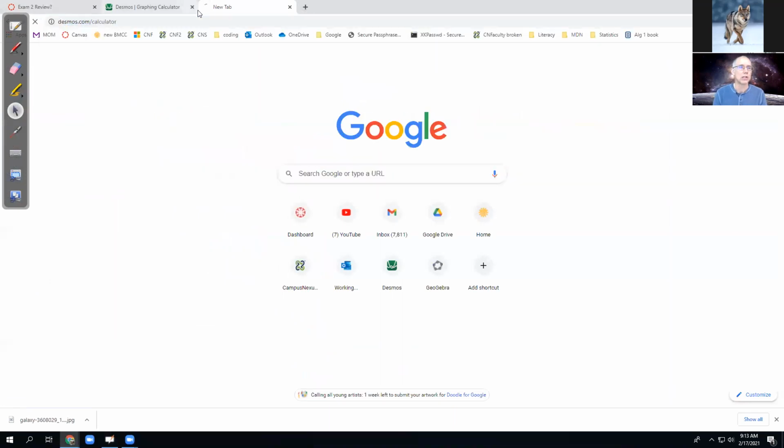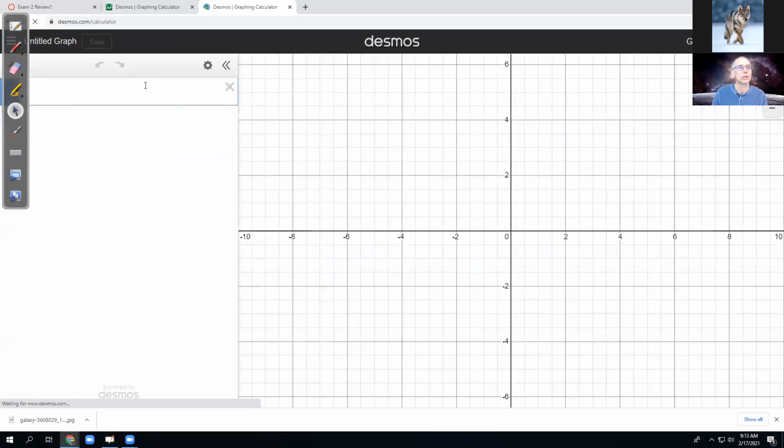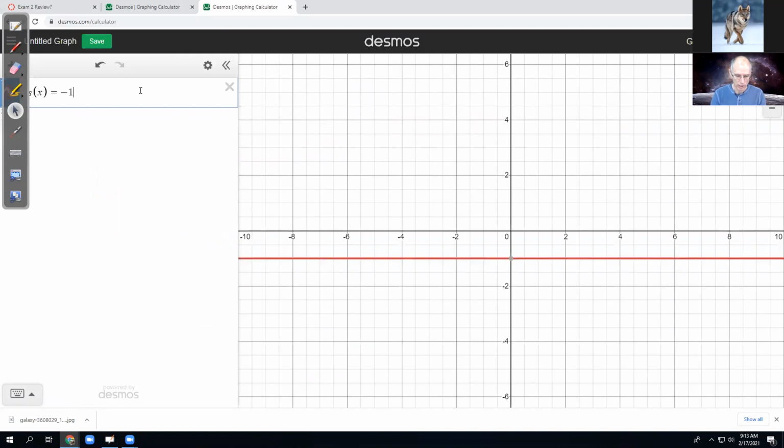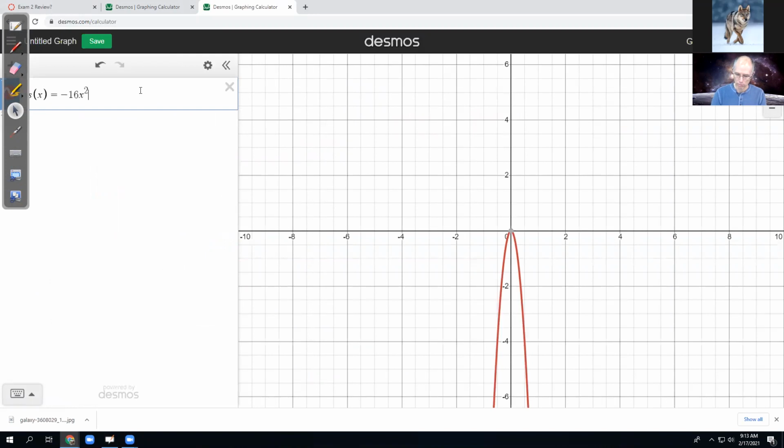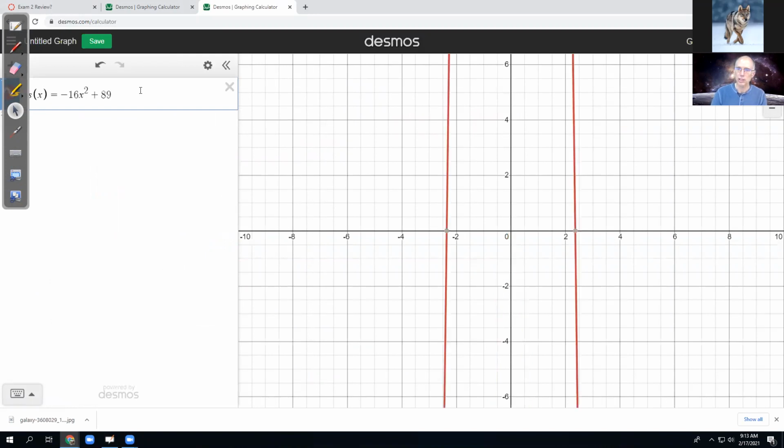Let me share my screen, Desmos. And graph this here just to make sure: s of x equals negative 16x squared plus 89. Check if I take the square root of 89 and divide that by 4, do I get the right value?